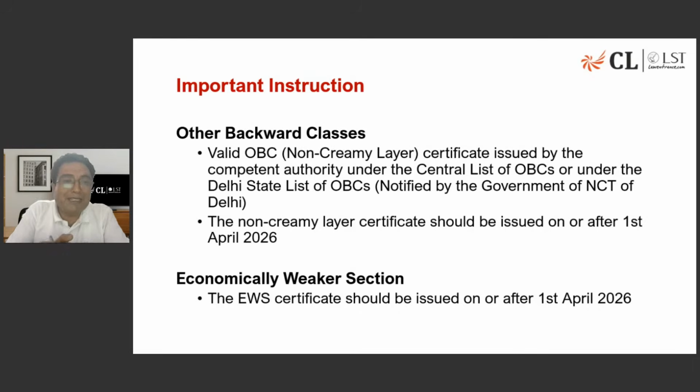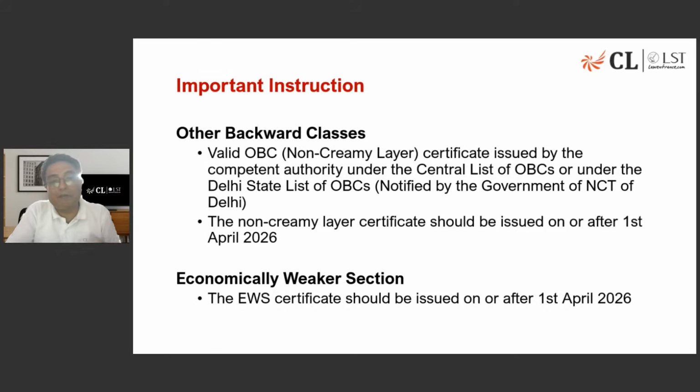Next instruction is about the OBC students, the other backward classes students, and the economically weaker section category students. For the OBC category, remember the benefit of reservation is available only to those who are from the non-creamy layer. So you need a valid OBC non-creamy layer certificate issued by a competent authority under the central list, which means your caste should be in the Government of India's list, or it should be under the Delhi state list of OBCs.